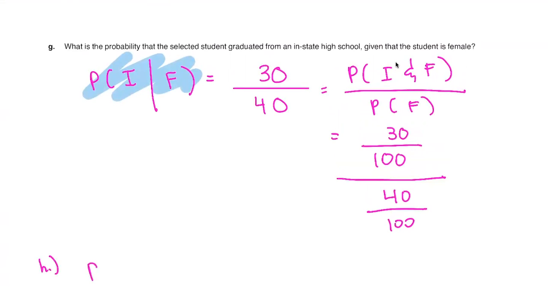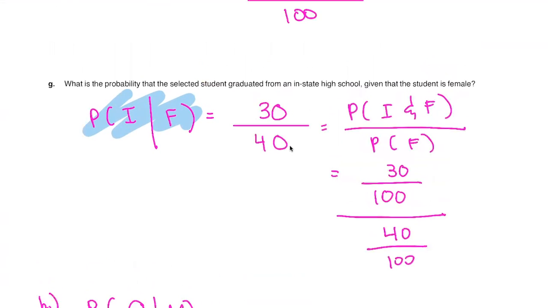What if I wanted to find the probability of out of state given that male? Yeah, why not? Well, that means I say all the males, raise your hand. Raise your left hand, let's say. So how many males are there that raise their hand? Well, how many males are there?